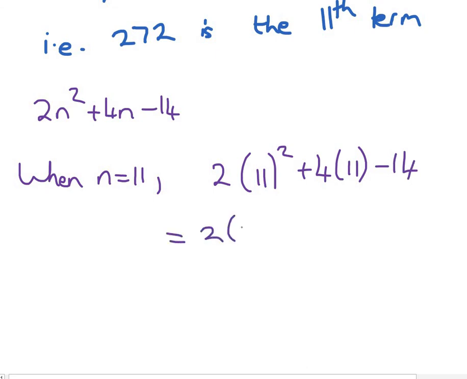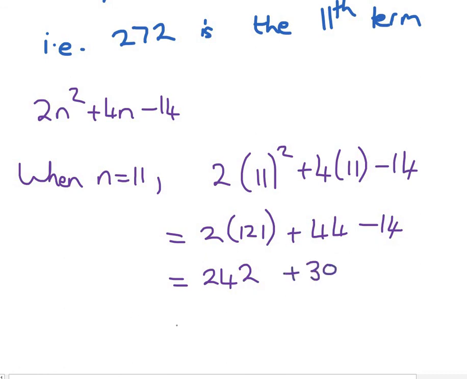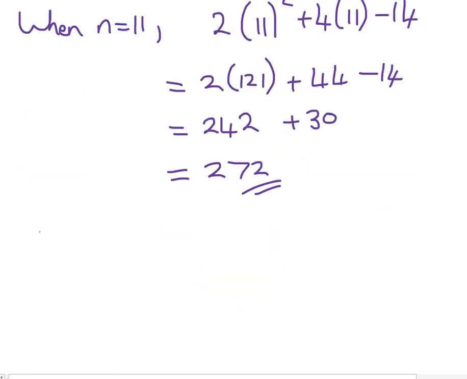So this equals 2 times 121 plus 44 minus 14. 2 times 121, well that's 242. 44 minus 14 is 30. And we do indeed get 272. So if you wanted to finish this off, you'd say, yes, 272 is in the sequence.